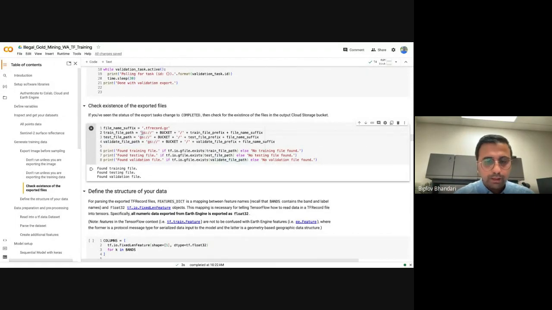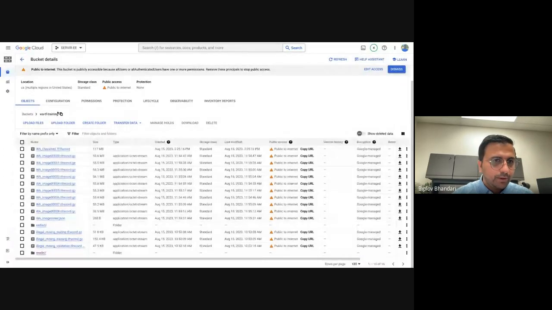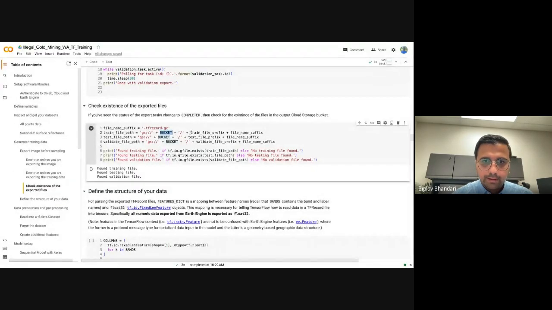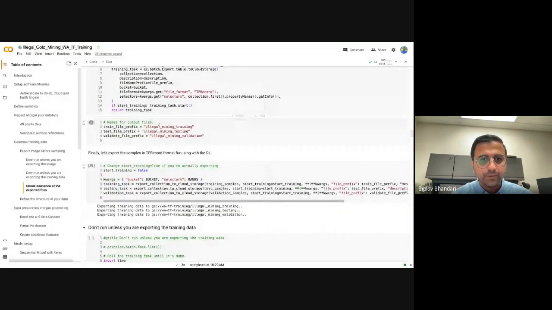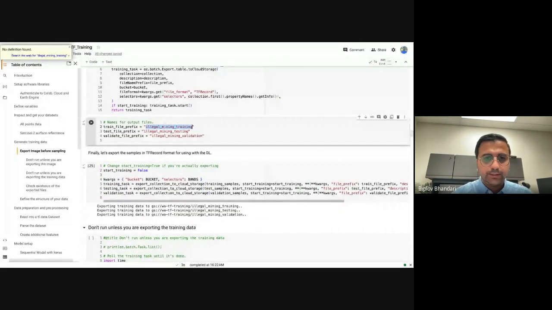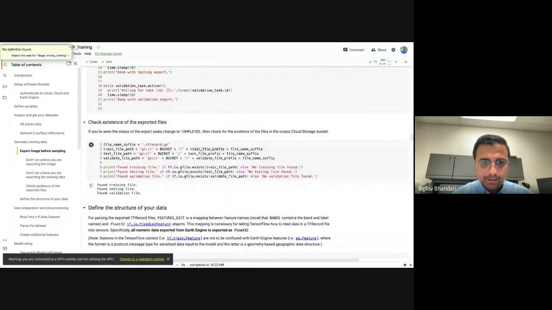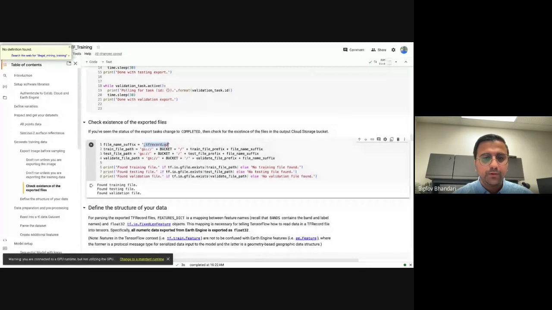The way you access the cloud bucket is using gs:// and then the name of the bucket, which in this case was WA-TF-training, and then the name of your training file, which we declared as illegal_mining_training, and then the suffix of that file name.